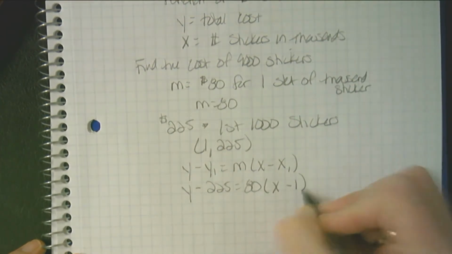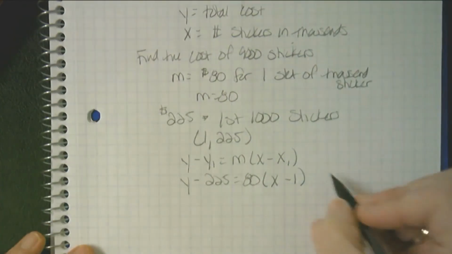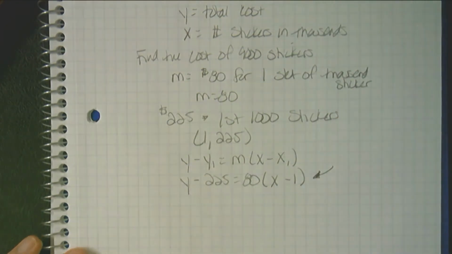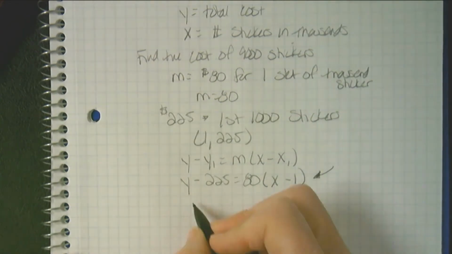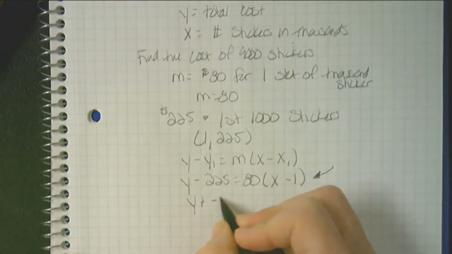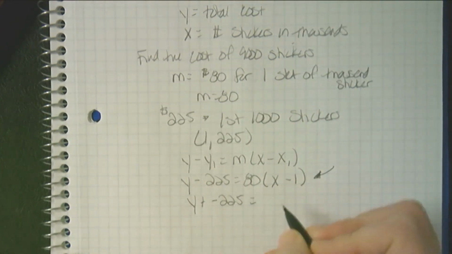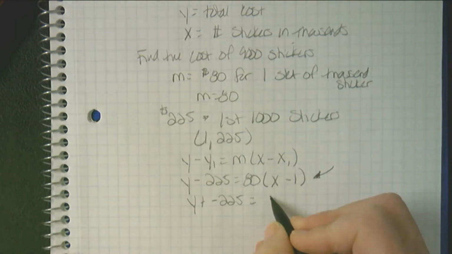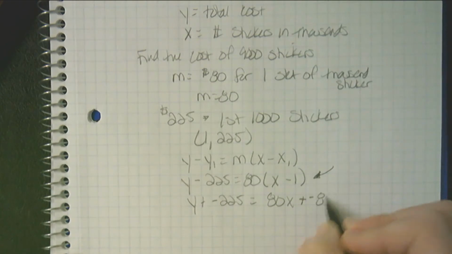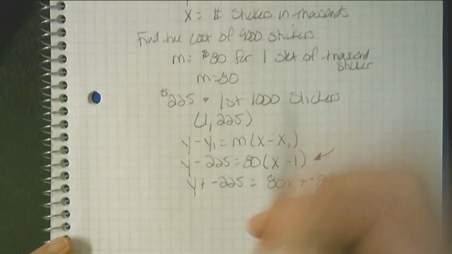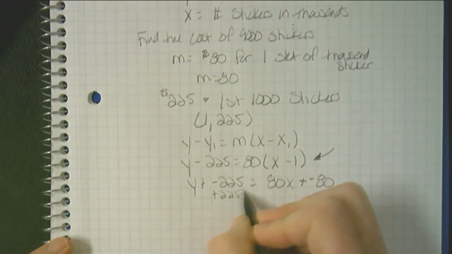Yes. Now, there's our point slope form. Now we need to change it into slope-intercept form. So I need to do the distributive property. So I have y plus a negative 225. I like to do that. If you didn't want to, you didn't have to. Is equal to 80x minus or plus negative 80. So I'm going to add 225 to both sides.